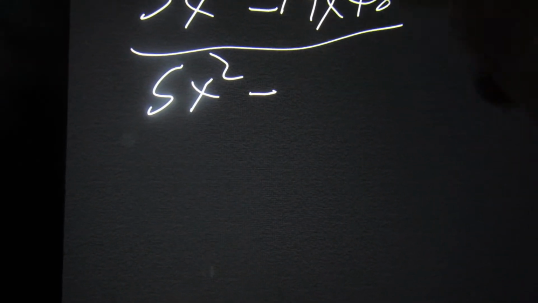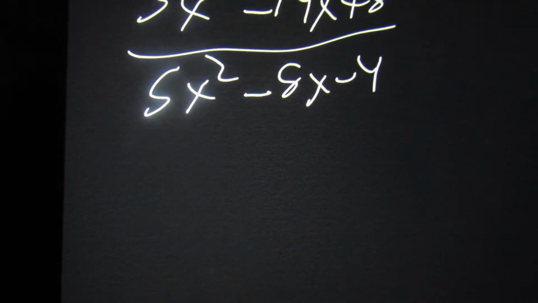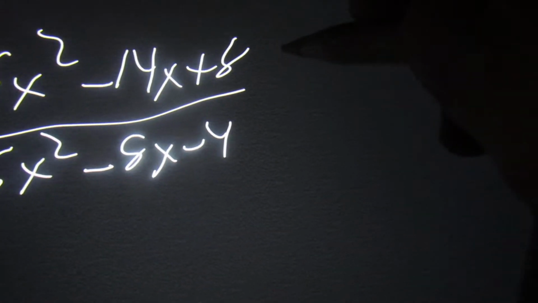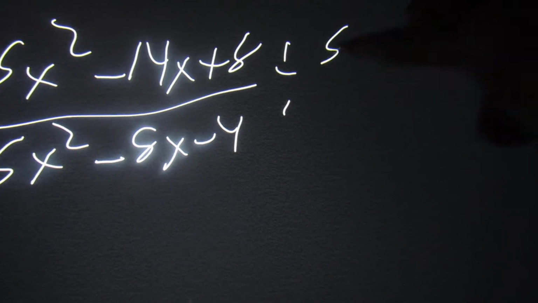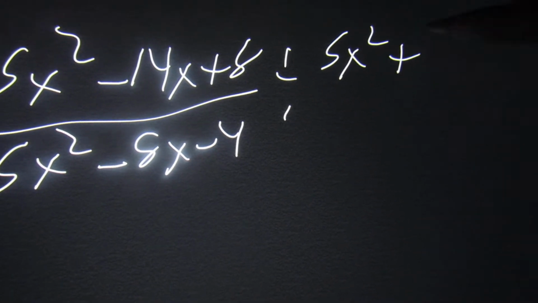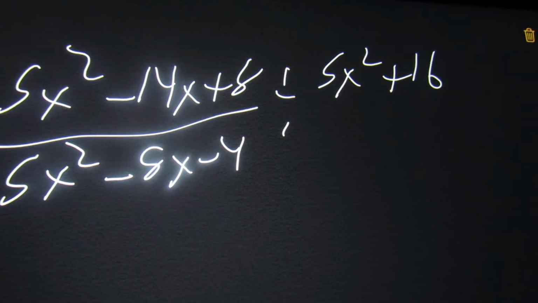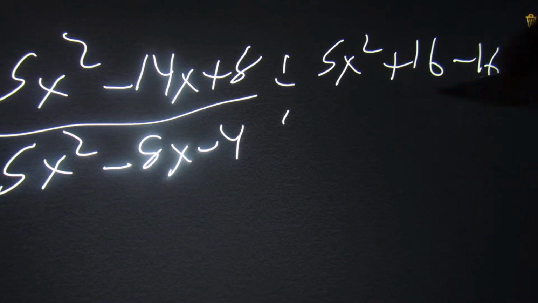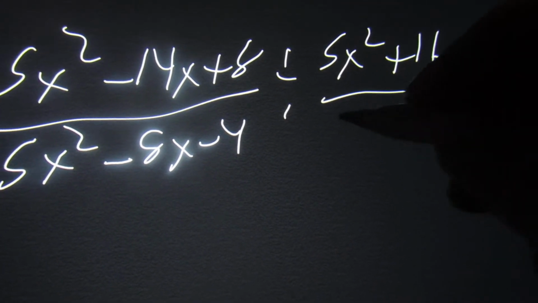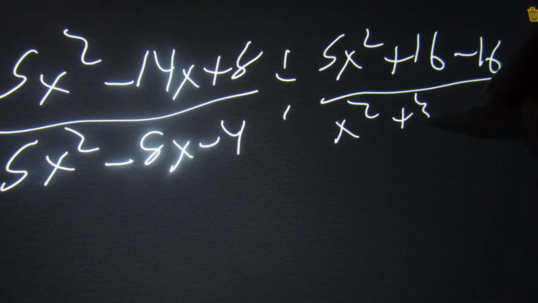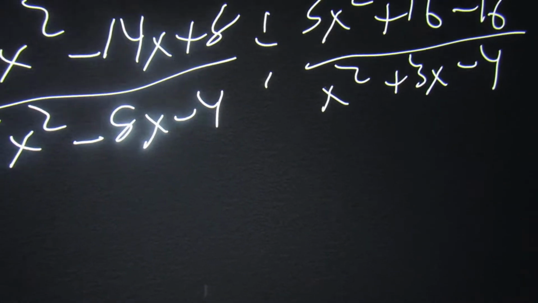Next, let's say that we have (5x squared minus 14x plus 8) over (5x squared minus 8x minus 4) divided by (5x squared plus 16x minus 16) over (x squared plus 3x minus 4).